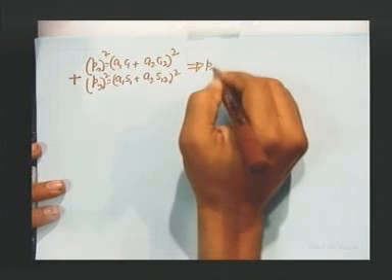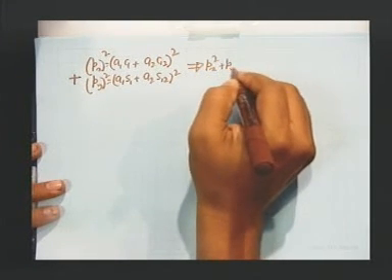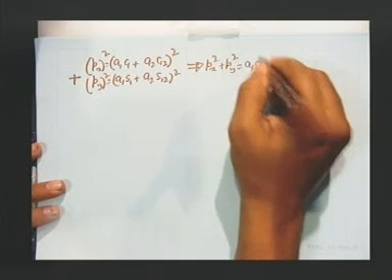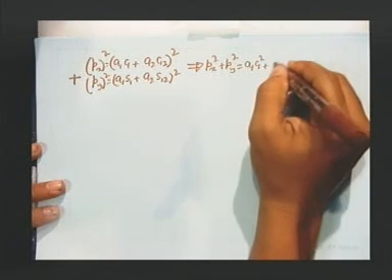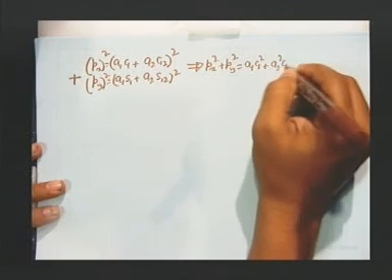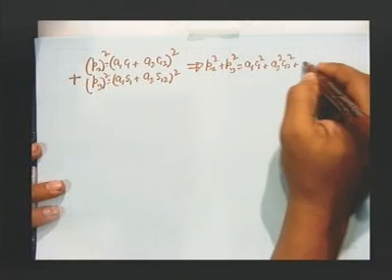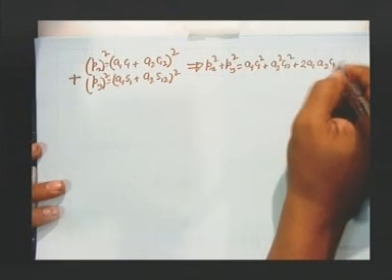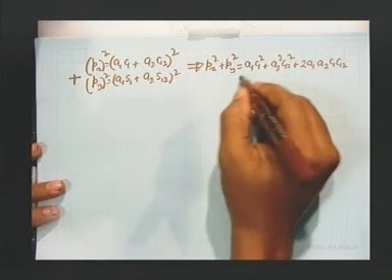We get p x square plus p y square equal to a1 square cos square theta 1 plus a2 square cos square theta 1 2 plus 2a1 a2 cos theta 1 cos theta 1 2 from the first equation.